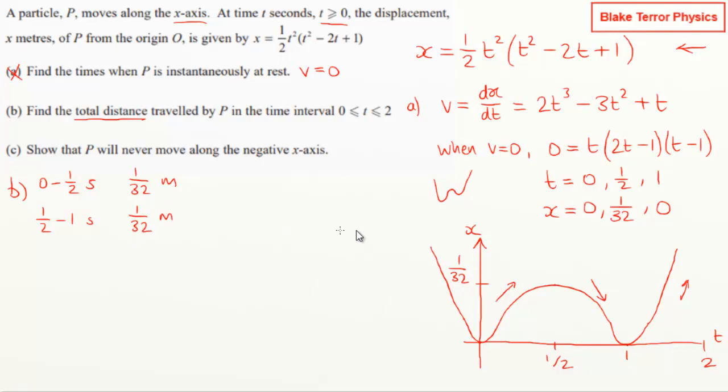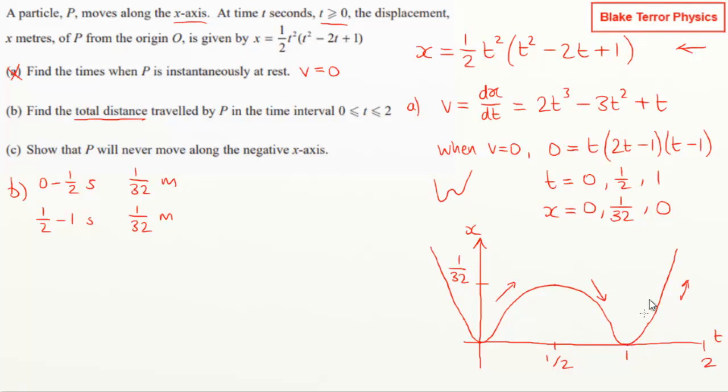And if we just integrated from 0 to 1, that would come out as nothing, because we've ended up back where we started. You know, the displacement hasn't changed. When we just look at 0 seconds and 1 second, we're back at the starting point. So we would lose that travelling distance of 2 lots of 1 over 32.